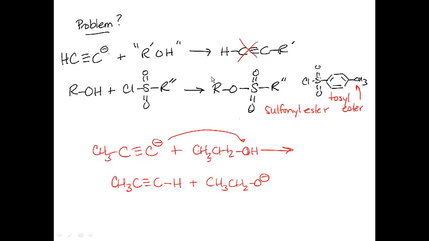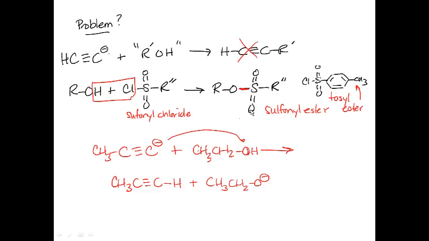So what we can do is, if I want to convert the OH group into a good leaving group that will be compatible with strong nucleophiles like Grignards, alkynyl anions, even H-, what I do is I react the alcohol with a sulfonyl chloride. And in this reaction, HCl is lost, and the oxygen forms a bond to the S double bond O groups.